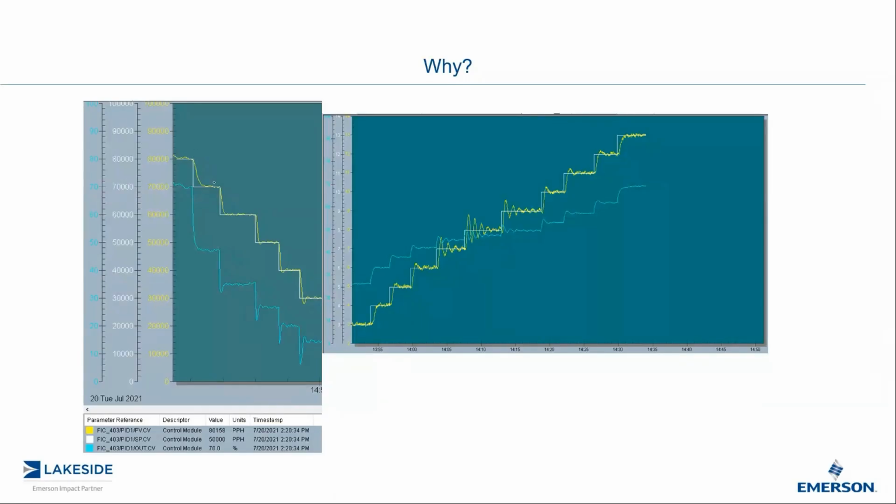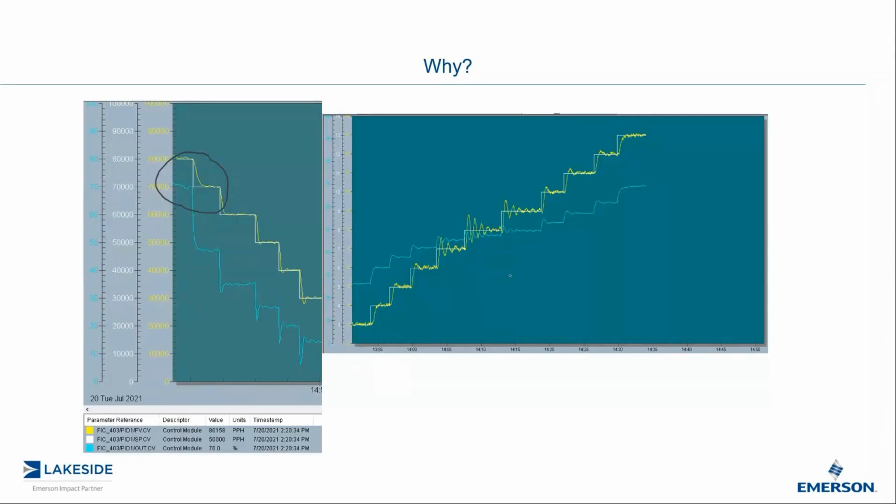The yellow line is the measurement, and the blue line is the command signal to the final control element. If I tune it here at the upper end, because as I just showed you before, the more closed the valve is, the more sensitive the process becomes, your tuning changes. And therefore, as it opens, with the same tuning, it becomes less sensitive.